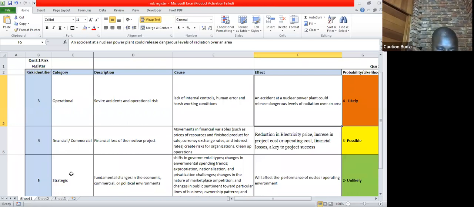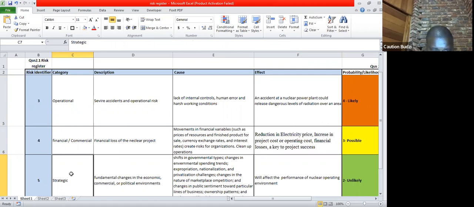The fifth category, which I've identified, is the strategic risk, which is basically the fundamental changes in the economic, commercial, or political environment, the outside environment of a company. Shifts in government tax can cause this strategic risk.